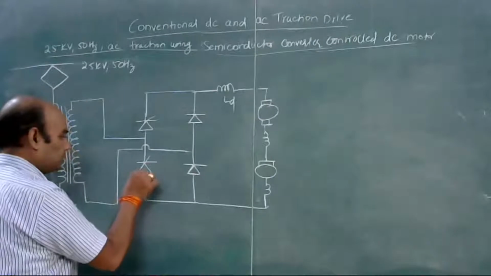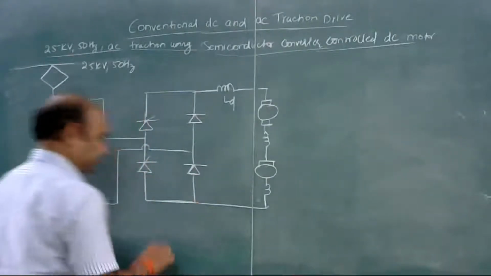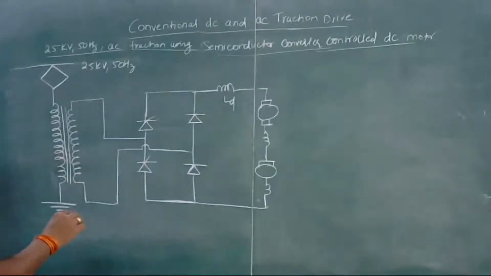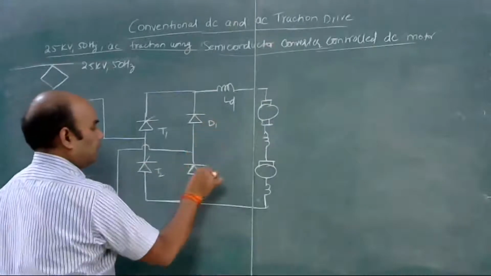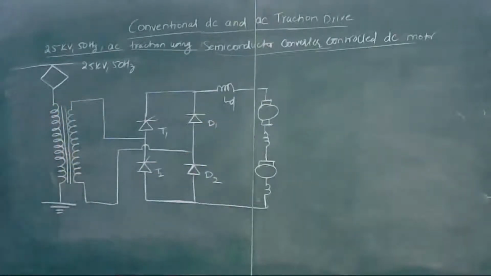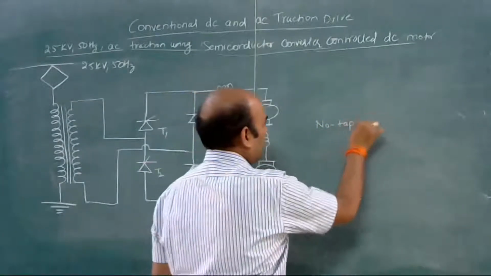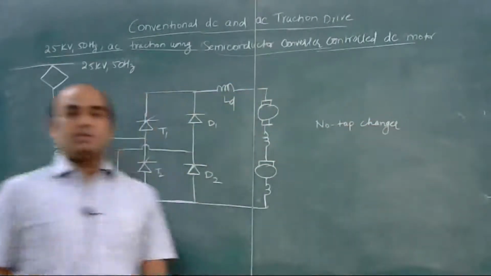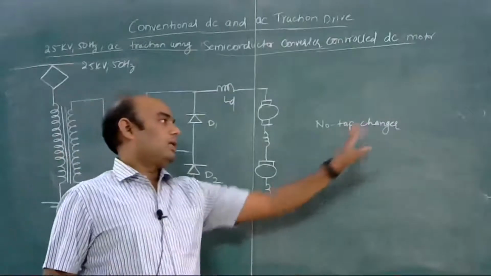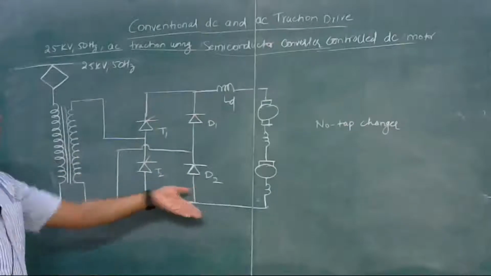Okay, so this is D1, D2, D1 and D2. So here there are no tap changers. Okay, no tap changers. So maintenance related to these tap changers is avoided by using this semi-controlled rectifier.